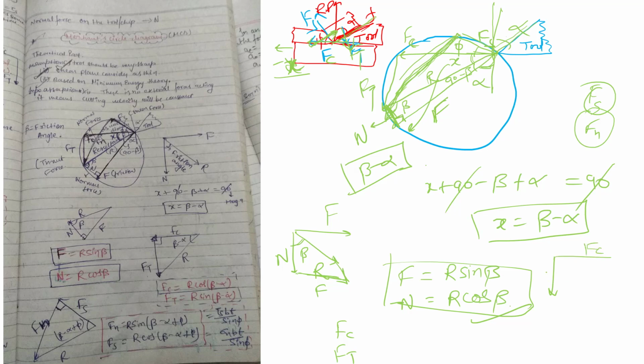This is Fc, this is Ft, and the angle between them is beta minus alpha, and this is the resultant. Using the trigonometric ratios, we can say that Fc is equal to R cos of beta minus alpha, and Ft is equal to R sine of beta minus alpha.